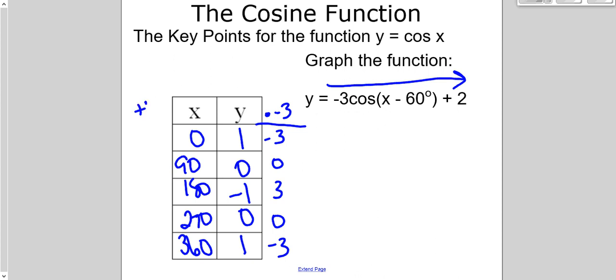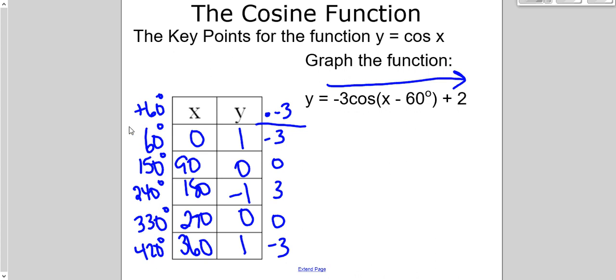So of course, when it comes out of the brackets, +60, it's going to get added to all my x values. So 0 becomes 60, 90 becomes 150, 180 becomes 240, 270 becomes 330, and then 360 becomes 420.